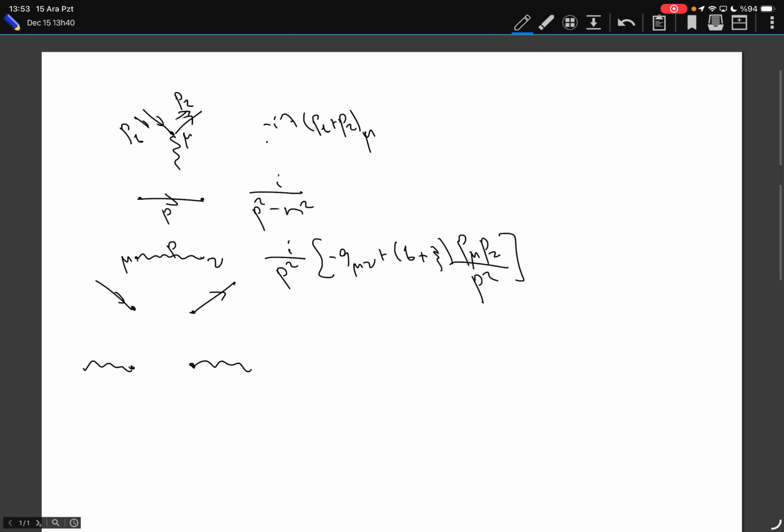And both of these, this one and this one, just correspond to factors of 1. And for this line, let me say this is mu, this will be epsilon^mu, this will be epsilon^mu star. And basically, just knowing these, we are able to calculate any contribution to any process at any order.